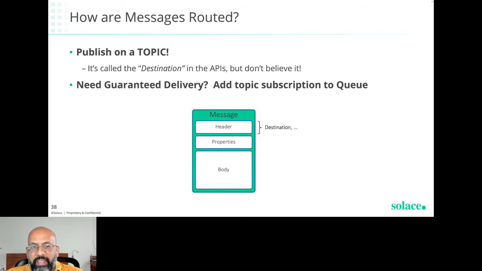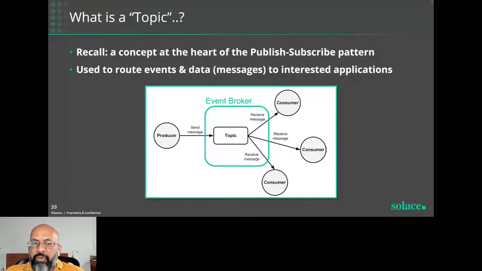If you need guaranteed delivery, which is very specific to Solace, you will be adding a subscription to the queue, and then the broker puts the event in the queue. If you are a simple subscriber, you would simply subscribe to the topic and may not need a queue. That's the direct subscriber and guaranteed subscriber we saw in the previous slide. You will have to know this when you use the connector, because the quality of service is how you are connecting with the Solace broker. Nag will talk about that more.